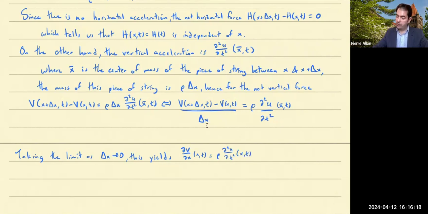So here the difference is that x bar, which was some point in between x and x plus delta x, if you let delta x go to 0, that point has to converge to x. Okay, so far so good, except the left-hand side is in terms of v, and we want it to be in terms of u. So we just need to rewrite capital V in terms of u.